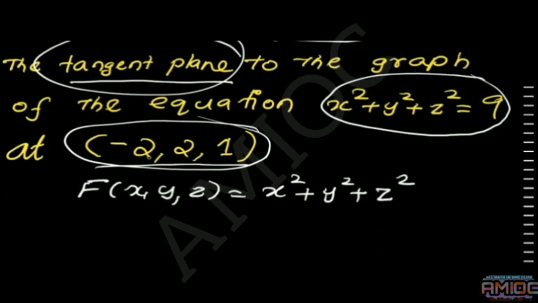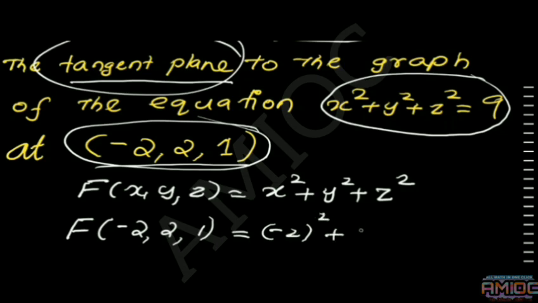If we put the value -2, 2, 1, that means the x value is -2, the y value is 2 and the z value is 1, then the function will become (-2) squared plus 2 squared plus 1 squared. (-2) whole squared is 4, 2 squared is 4, 1 squared is 1, therefore 4 plus 4 plus 1 equal to 9.